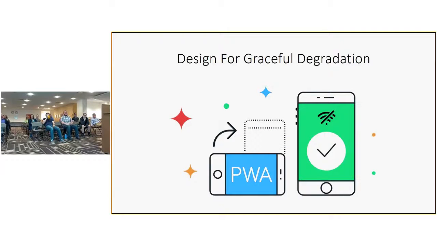So speaking of what could go wrong, this leads me into my next principle: design for graceful degradation. In the old world, you had an HTTP request and an HTTP response, and normally you'd only have one of those when serving up a web page, and all of the content and the data would be embedded in one HTTP response.